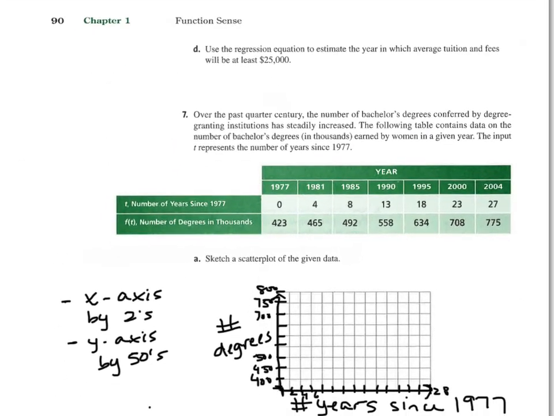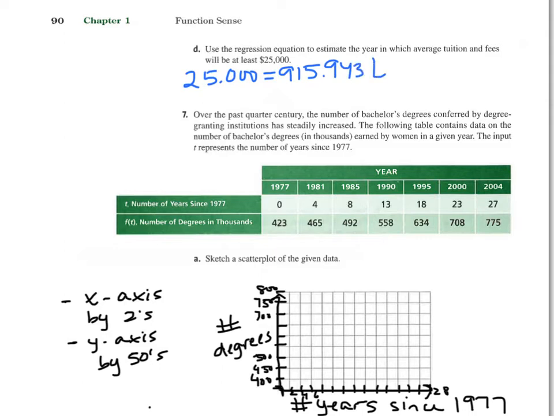Okay, so the next one, we're going to use our regression equation to figure out when the costs come out to be 25,000. So that is using our equation just in the opposite way. We're going to plug in 25,000 for our output now, and then we're going to solve for a number of years. So our slope was 915.943.